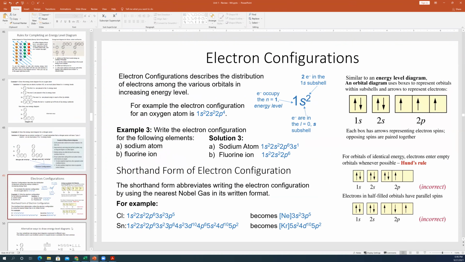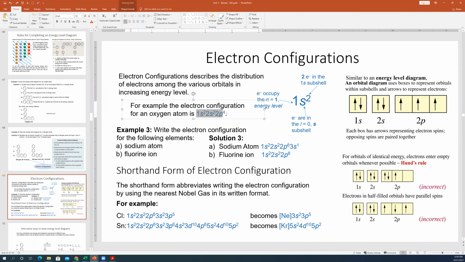Okay, so now we can go back to how these electron configurations work, for example, for the element oxygen. Oxygen would have this kind of an electron configuration because oxygen has a total of 8 electrons. It's element number 8 on the periodic table.